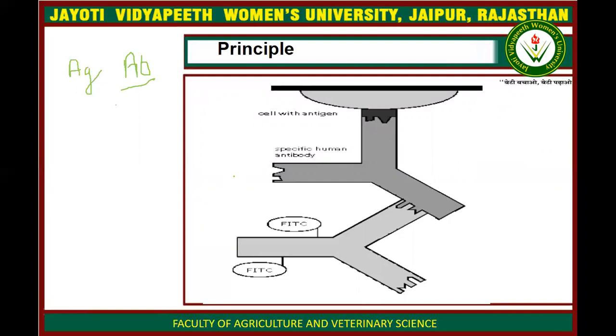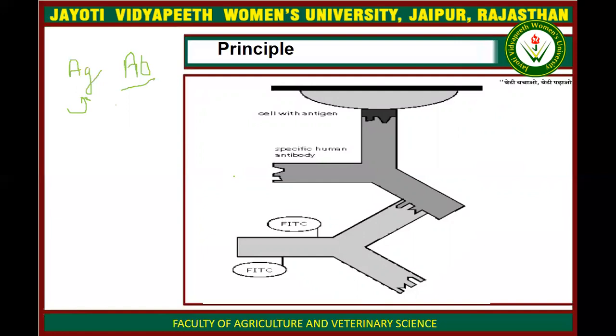This is the main basic. It may not only be an antigen; it may be any cell, any protein, any enzyme. This antibody can bind to any antigen, any cell, any protein, and any enzyme.